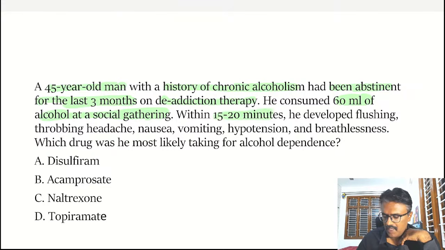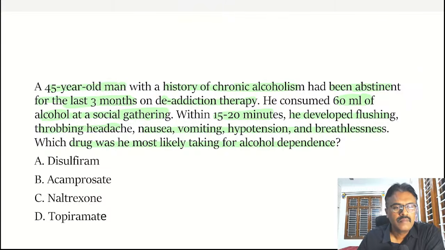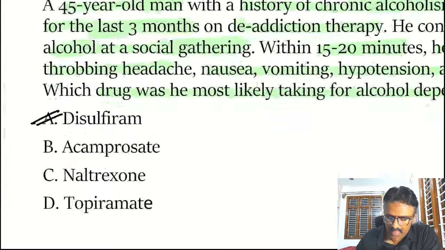Within 15 to 20 minutes, he developed flushing, headache, nausea, vomiting, hypertension, breathlessness. Which drug is he taking for alcohol dependence? Anybody? Disulfiram, acamprosate, naltrexone, topiramate. Yes, obviously, he is on disulfiram.